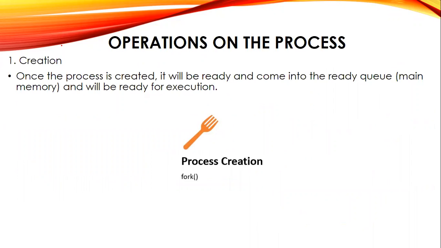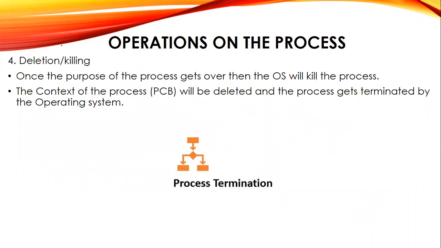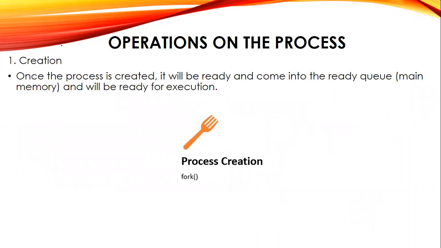So we have some operations on the process. One of them is creation. Once the process is created, it will be ready and come into the ready queue in main memory and will be ready for execution.